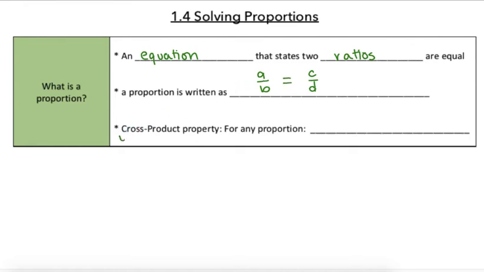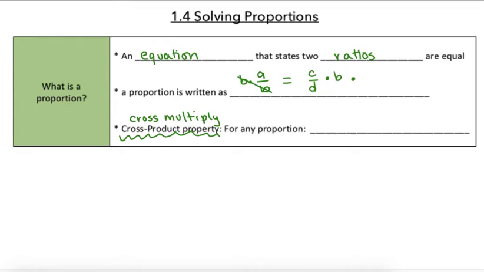One of the things that we're going to use to solve this is called the cross product property, or cross multiply. Maybe you've heard in the past where somebody would say cross multiply these. What that says is that if I multiply this side by B, and this side by B, they cancel out. So I'm left with C times B here.